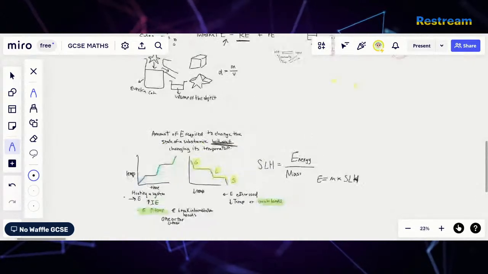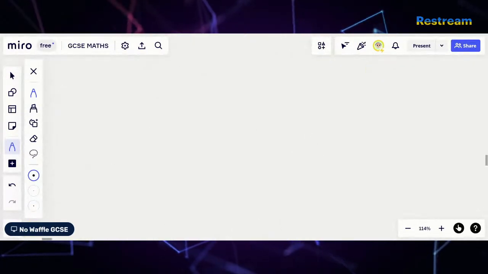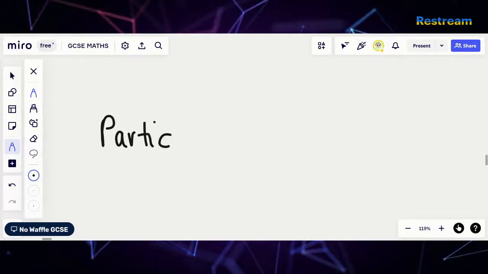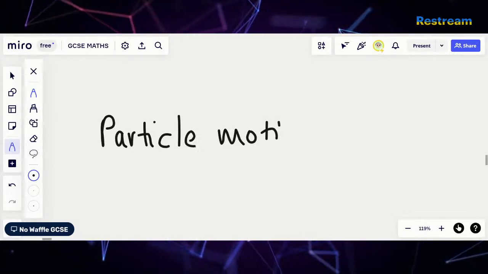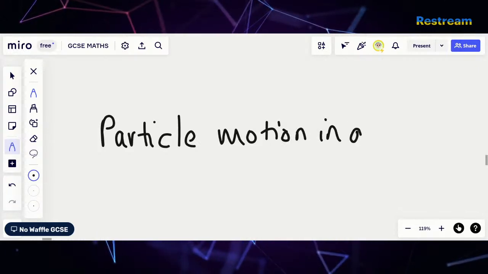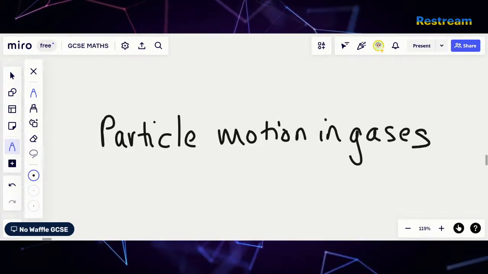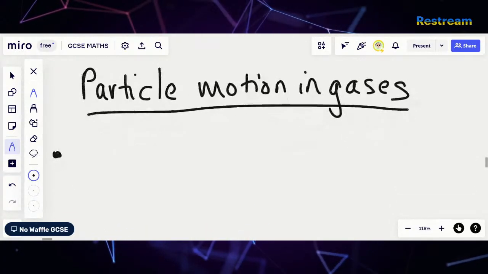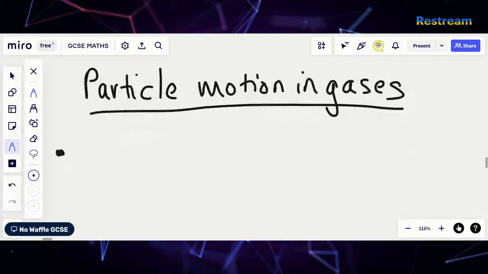So let's just revise that. This is a relatively simple topic, so hopefully you should fly right through this. We know that in solids, particles move by vibrating because that's the only movement they can do, and this causes the kinetic energy stored to increase.